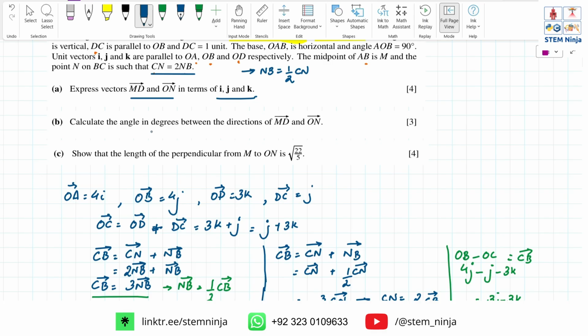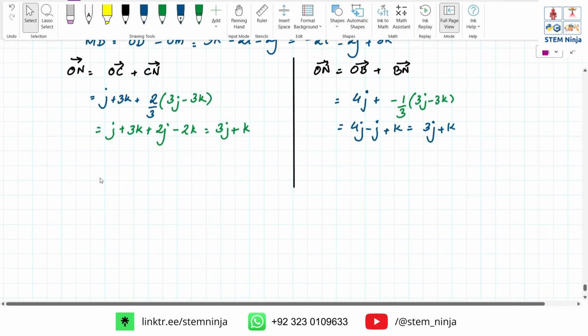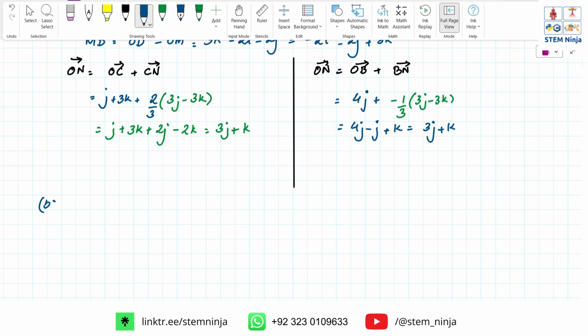Now calculate the angle in degrees between the directions MD and ON. Right. So for that we need the scalar product, and we will also need the lengths. So length of MD and the length of ON.